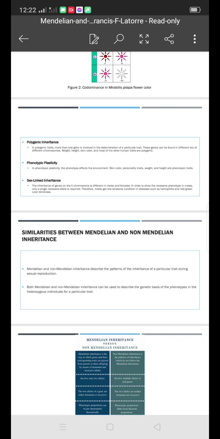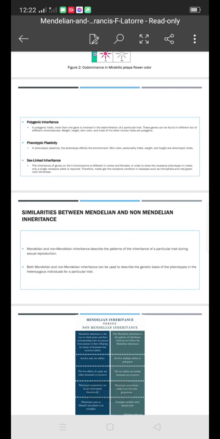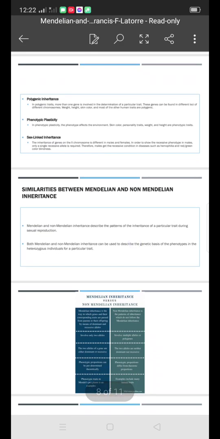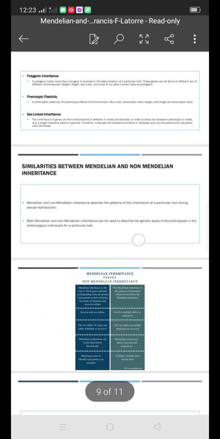Weight, height, skin color, and most of the other human traits are polygenic. In phenotypic plasticity, the phenotype is affected by the environment. Skin color, personality traits, weight, and height are examples.